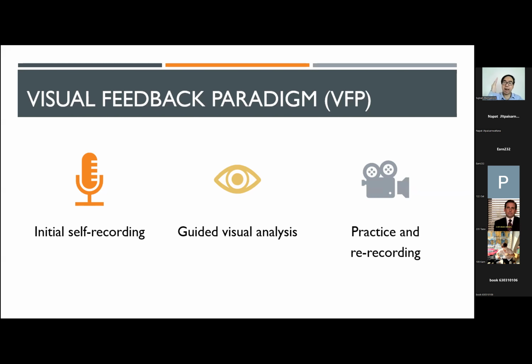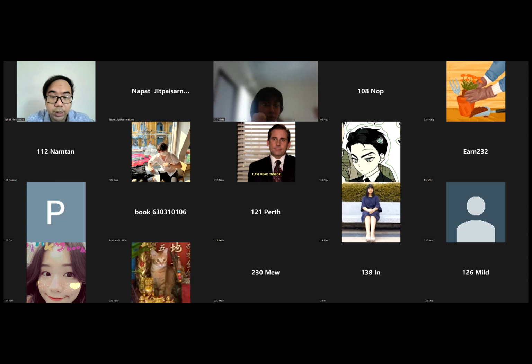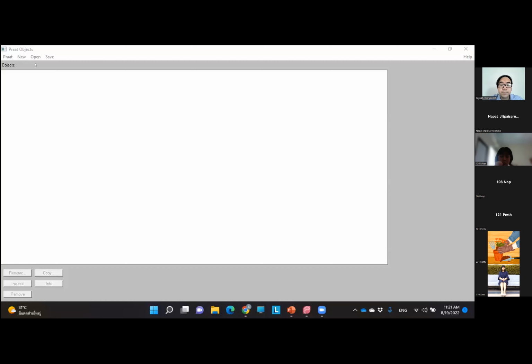If you want to record the sound with Praat, you can go to New, and I have to share my computer screen. So you see the program Praat, right?